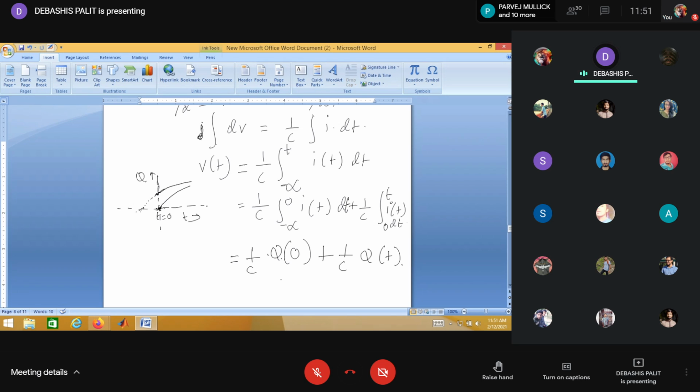So this is the stored charge. Current is the rate of flow of charge, so dq/dt is equal to current, and the integration of current over time is nothing but the charge.